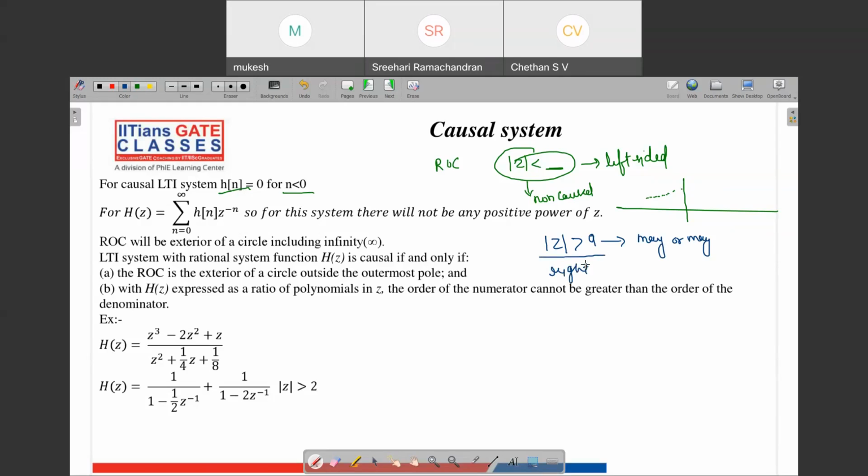But right-sided doesn't guarantee that it will be causal, because a right-sided signal can start before n equal to 0 and it can start after n equal to 0, both. So if the ROC is in this form, it may or may not be a causal system. The third case is when mod of z is greater than some number and less than some other number. In that case, it is definitely non-causal.